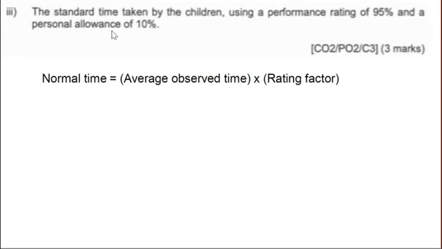And then they give us another set of performance rating 95% and personal allowance 10%. So we use the same observed time. The first step is to convert the observed time to normal time, in which we have the same observed time 0.1088, but this time the performance rating is 95%, so times 0.95, so we get 0.1034 minutes.